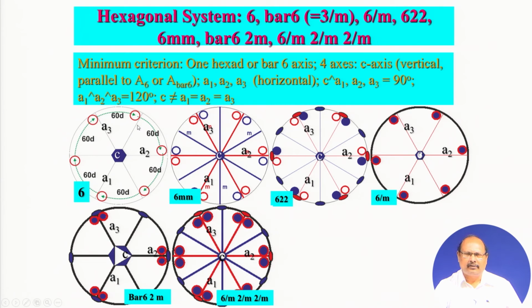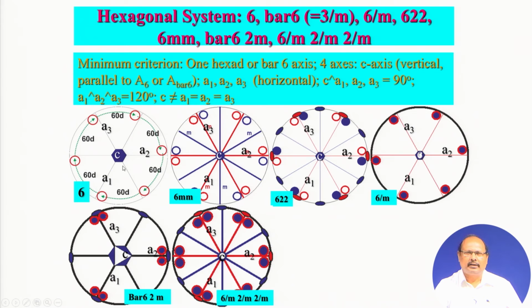So, I can again explain this relationship using this 6-fold axis of rotation with this point group symmetry here. This is your C crystallographic axis orientation, this is your 6-fold axis of symmetry which is vertical. In the horizontal plane you can think of one direction here, that is A1.